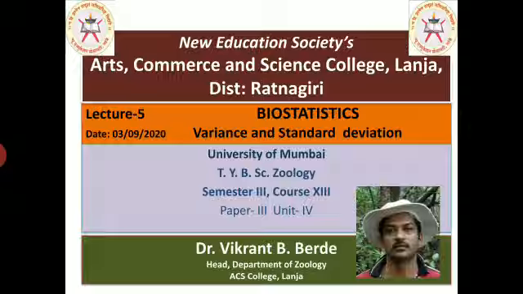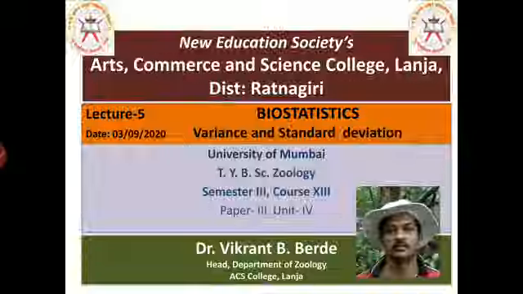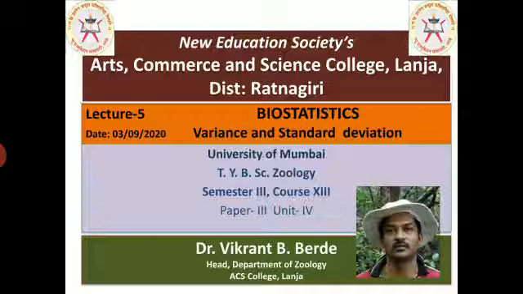If you take different data and the mean is the same, it might be possible that the lower values and higher values are different. In the first year we have learned that sometimes the mean comes the same, but the data is varying in different ways.